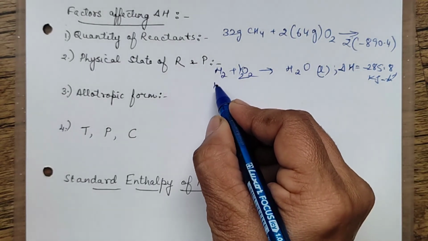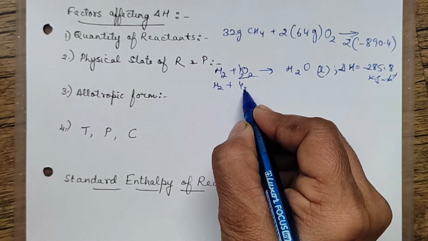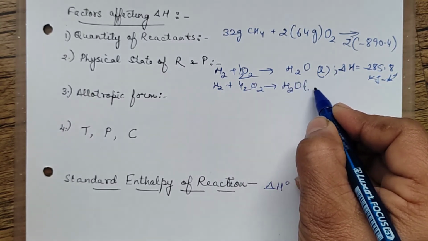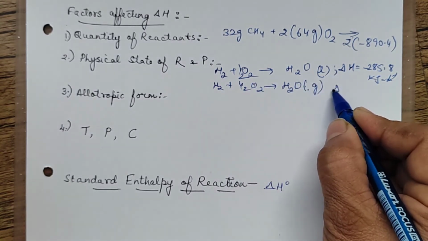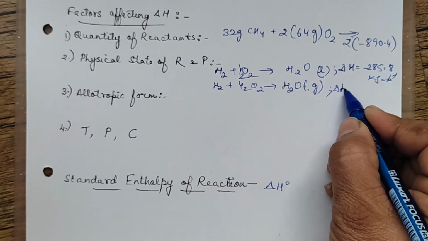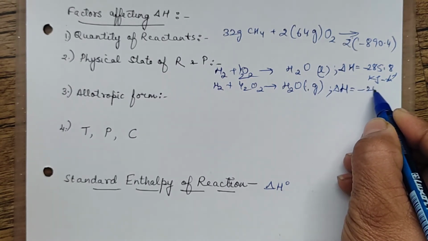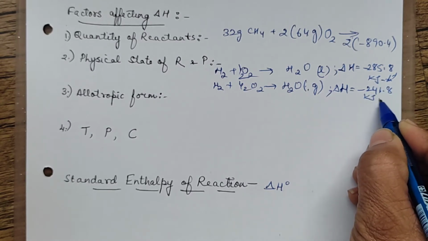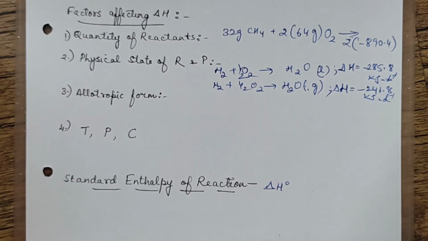If you are using the same reactants, say water is formed and it is in the gas state, then in this case the delta H value is minus 241.8 kilojoules per mole. So the heat change will vary if the physical state of the product is changing. So it very much depends upon the physical state of the reactants and the products.